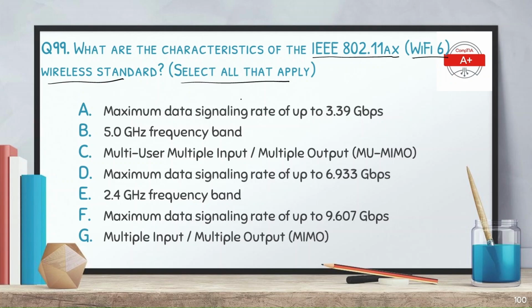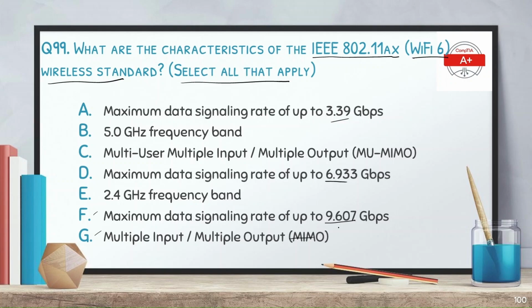The options are: A, maximum data signaling rate of 3.39 Gbps; B, 5 gigahertz frequency band; C, multi-user, multiple input, multiple output, MU-MIMO; D, maximum data signaling rate of up to 6.933 Gbps; E, 2.4 gigahertz frequency band; F, maximum data signaling rate of up to 9.607 Gbps; and G, multiple input, multiple output, that is MIMO.